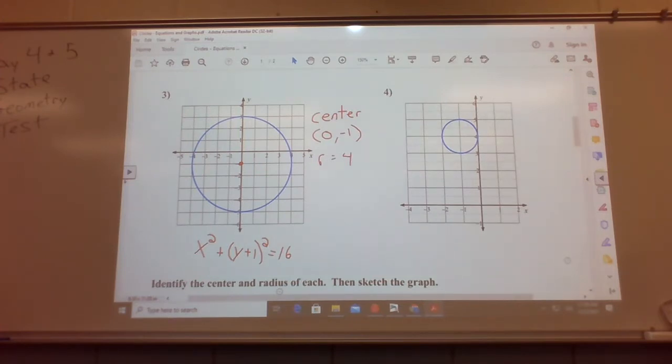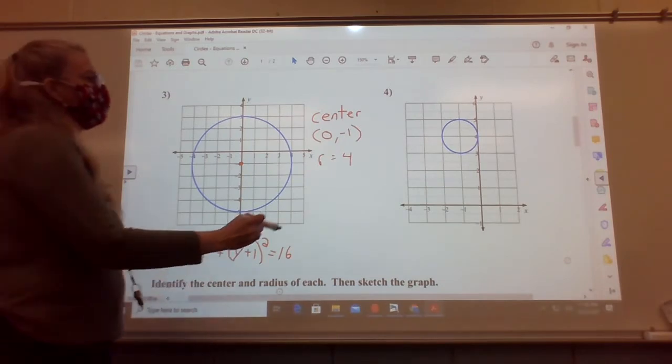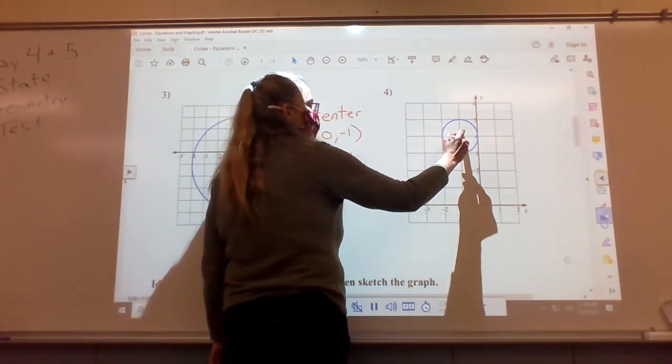Find the center, find the radius, plug it in. So it looks like the center of this circle is going to be right here.